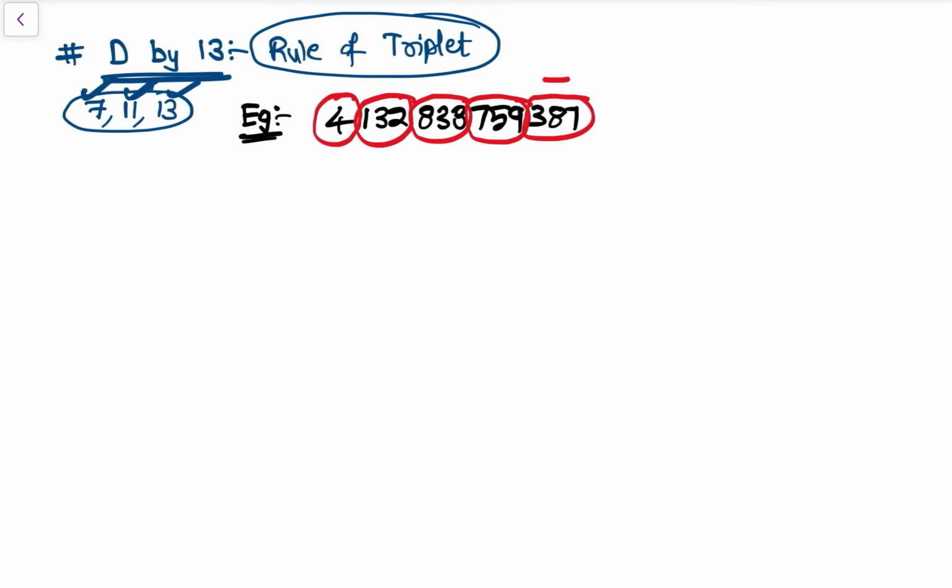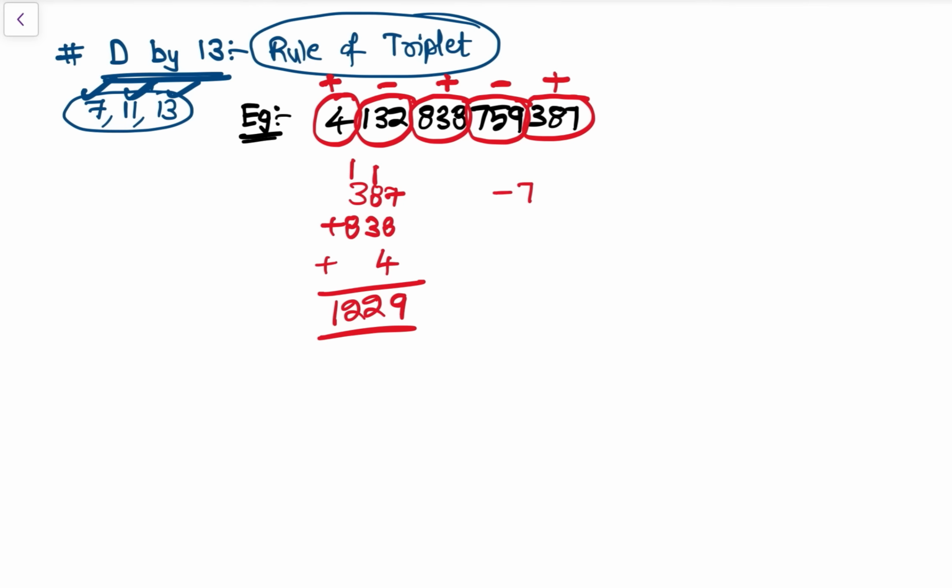Now start from here, plus, minus, इसका प्लस और प्लस वाले सब ऐड करो. 387 plus 838 plus 4. So that is when you add it, this is say 19 and this is 12 and this is 12. So 1229. Then minus वाले सब ऐड करो.